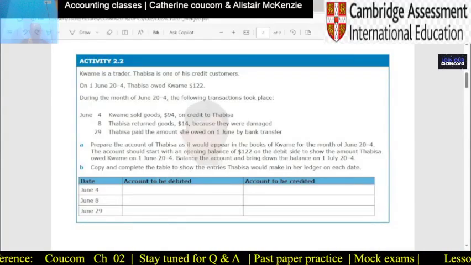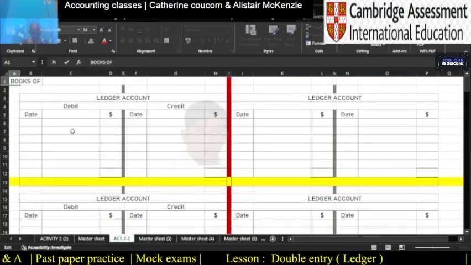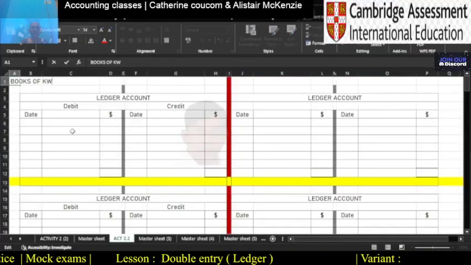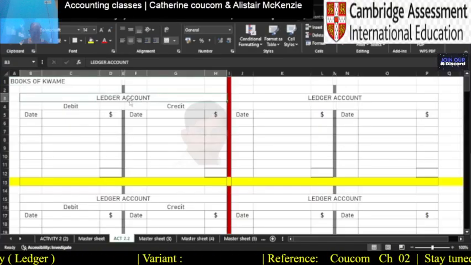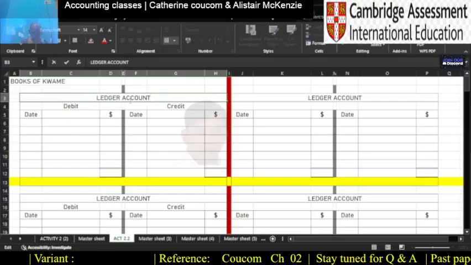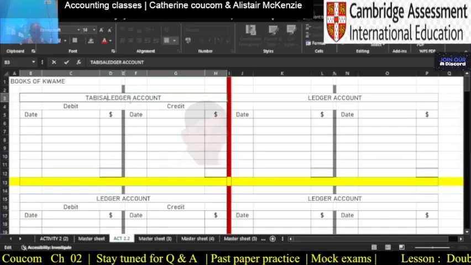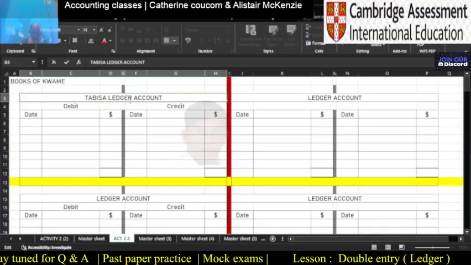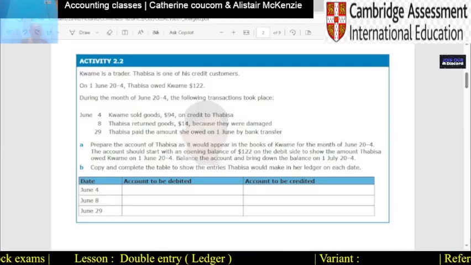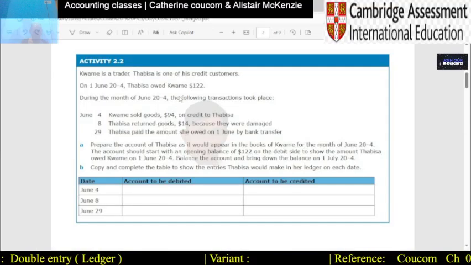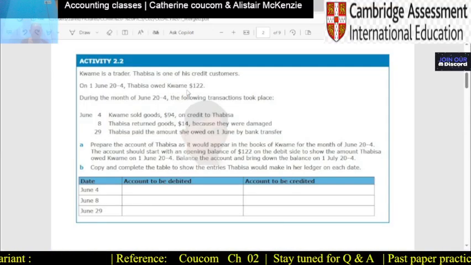Books of Kwame. Account of Tabisha, Tabisha ledger account. Okay. So what is the question? Tabisha owed Kwame 122 on June 1st, 2024. Tabisha owed Kwame 122.